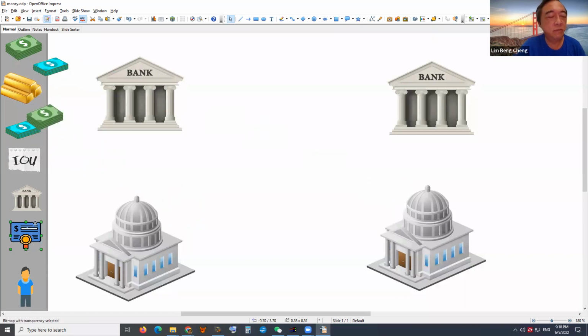So now this one issues a bond, this one issues a bond, these two countries issue bonds.